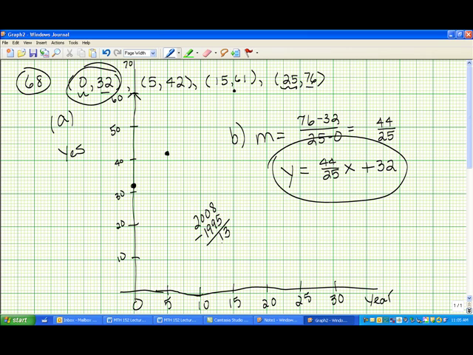Okay, so that means our x is 13, and we want to plug it in here.